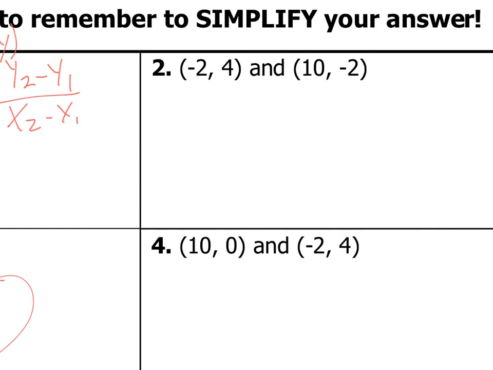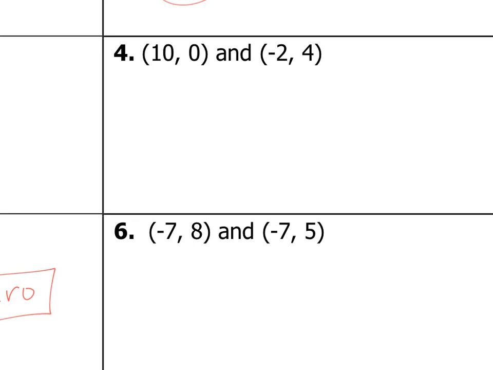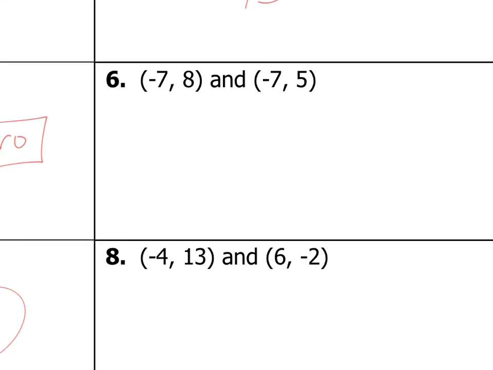Number 2, answer on number 2 is -1. Hold on, -1. Wait for it. Half. Woo. All right, number 4, -1/3. Okay. Number 6. This is the old undefined, right?